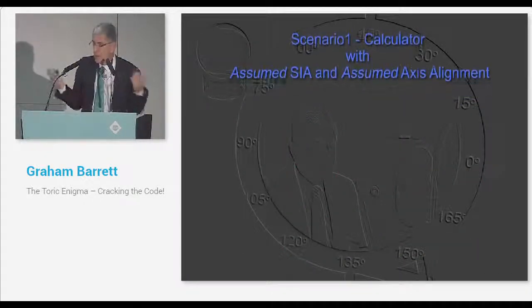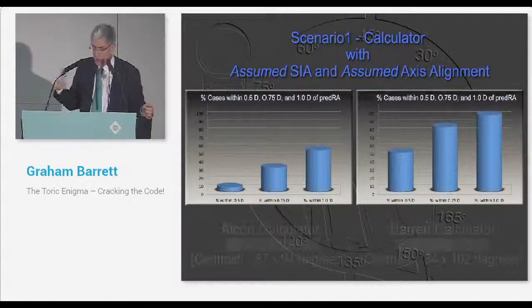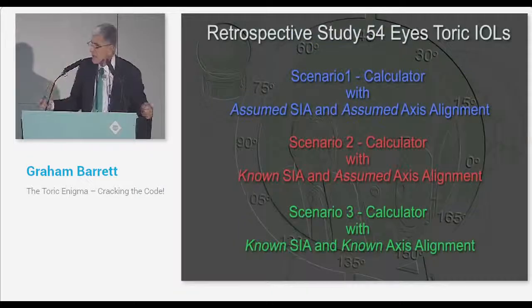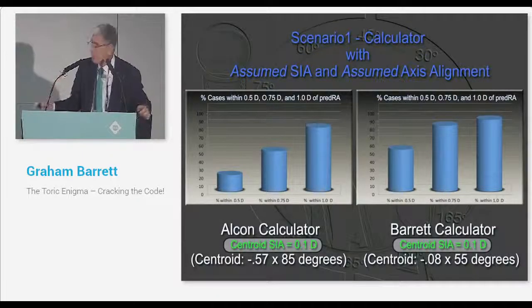So if we look at scenario one, this is what typically you may do in your practice. You may only have an assumed axis, the intended axis of alignment. You may put in an assumed SIA. You may use a median value of 0.38. The first thing I'll show you is if you don't put in the median value for your SIA, but you use the centroid value for SIA, you'll improve your outcomes.